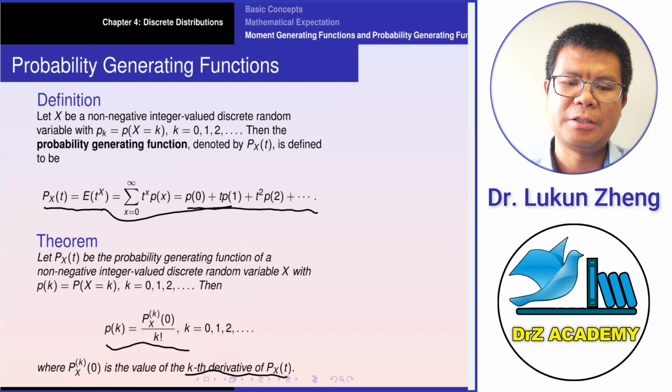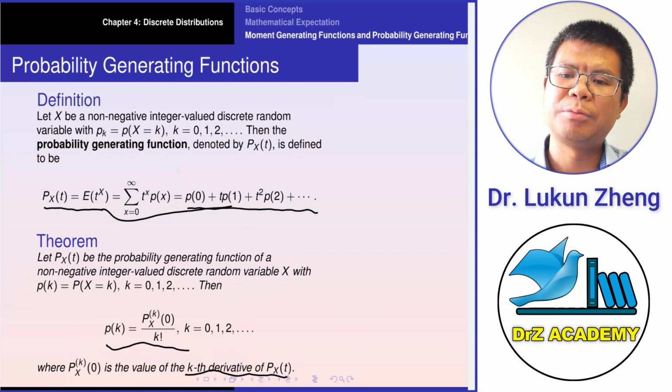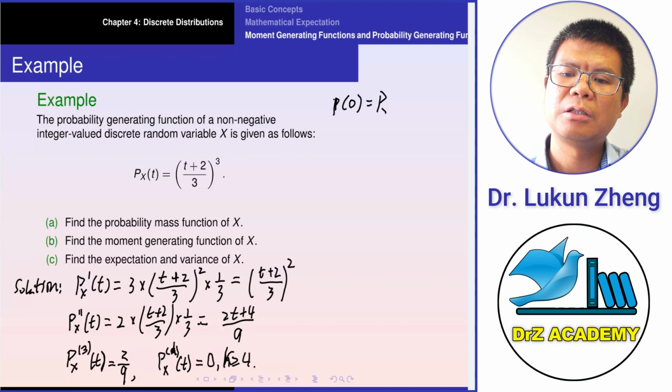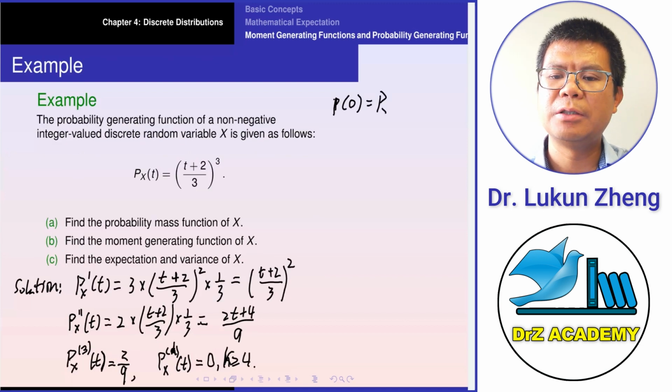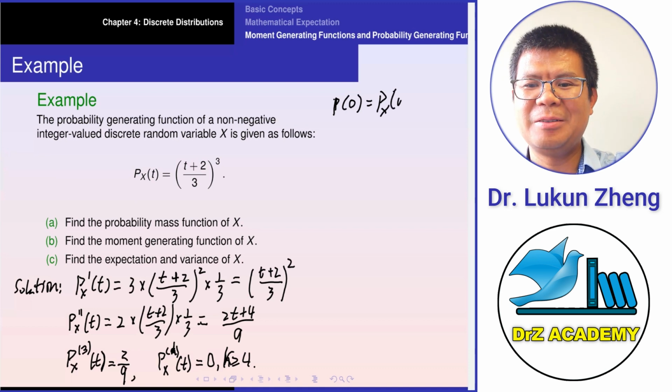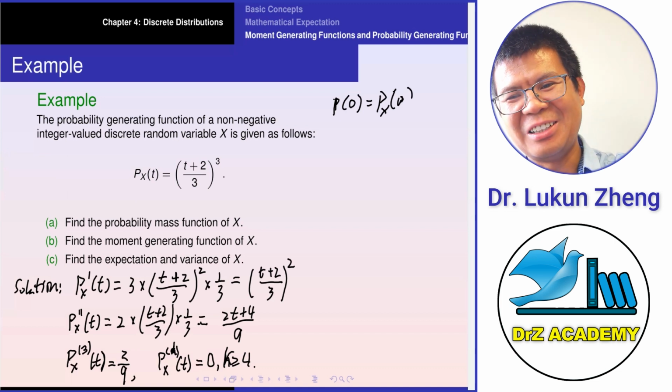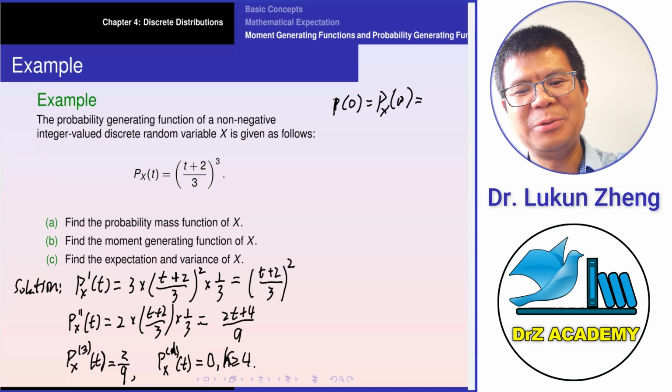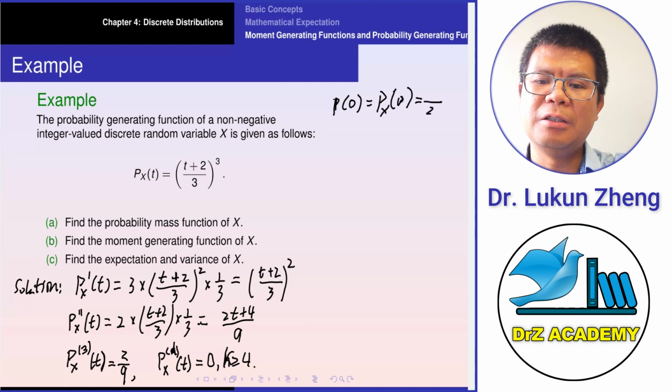So it's P_0 itself. When t equals 0, that's 2 over 3 to the power cube, that's 8 over 27.